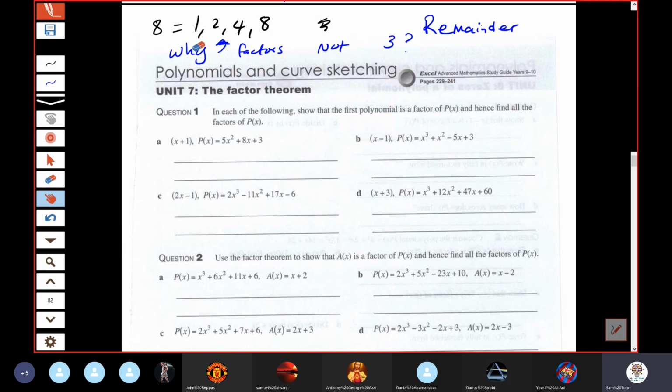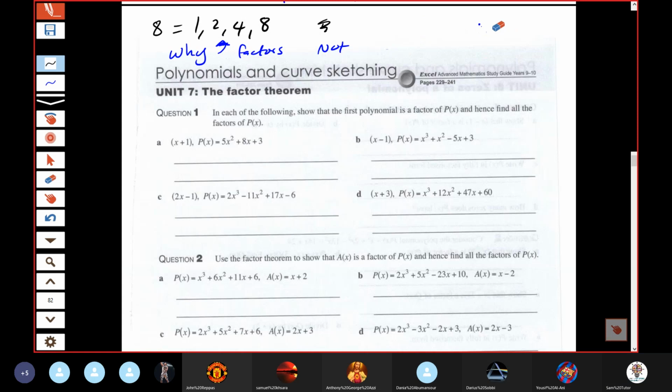So let's just quickly write that. For something to be a factor, no remainders.